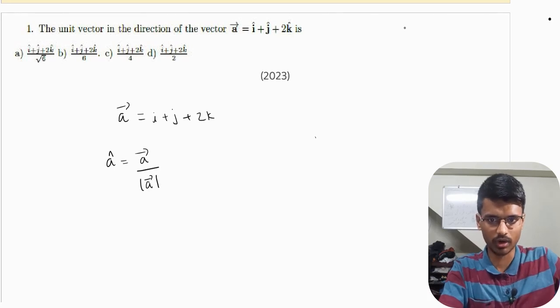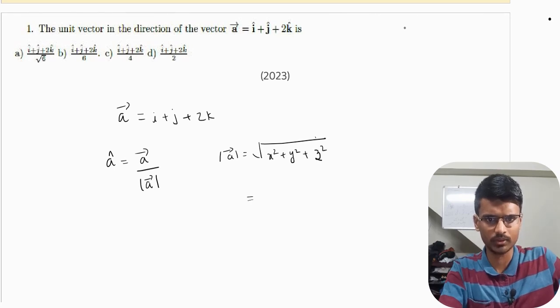So I need to find the modulus of vector a. We know the formula for modulus, it is the square root of x square plus y square plus z square. So here what is my x? x is 1, y is also 1, and z is 2.